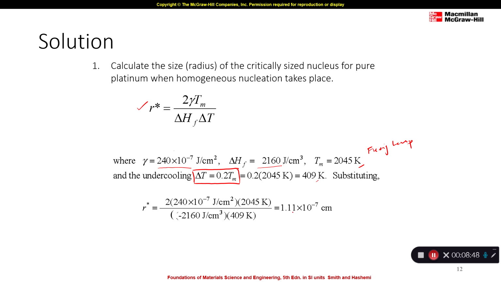Substituting 2 times gamma, times the freezing temperature, over the latent heat of fusion and delta T, you should get this answer. Make sure the units are consistent so that you can cancel out as necessary, and you're left with centimeters.